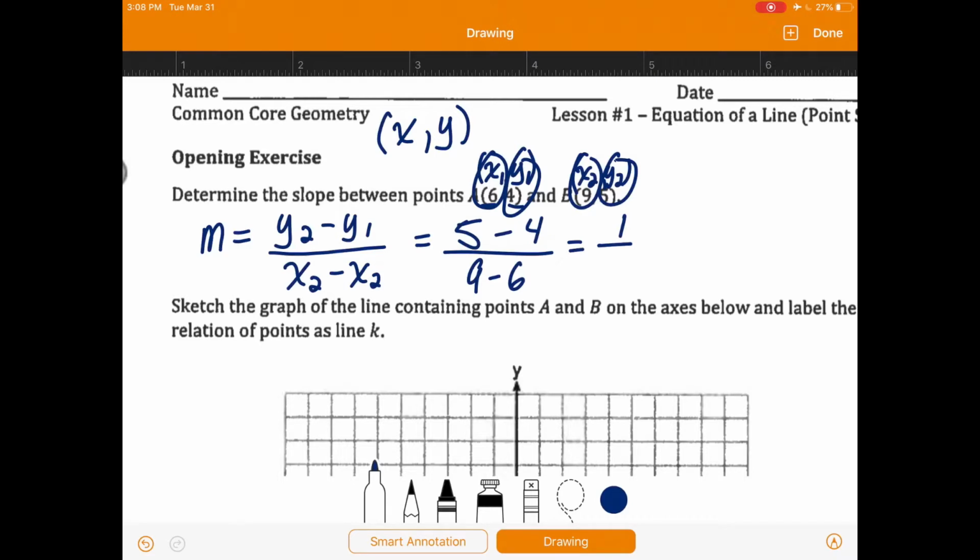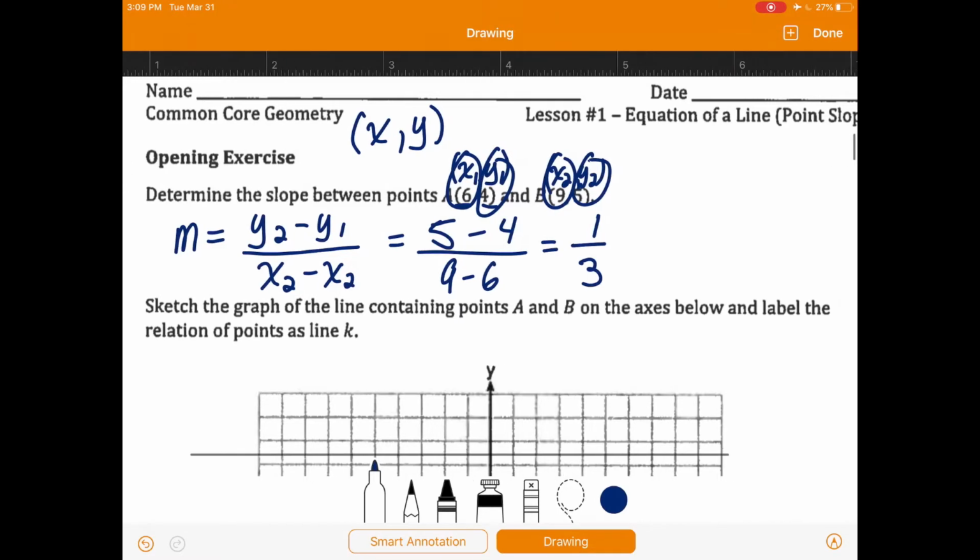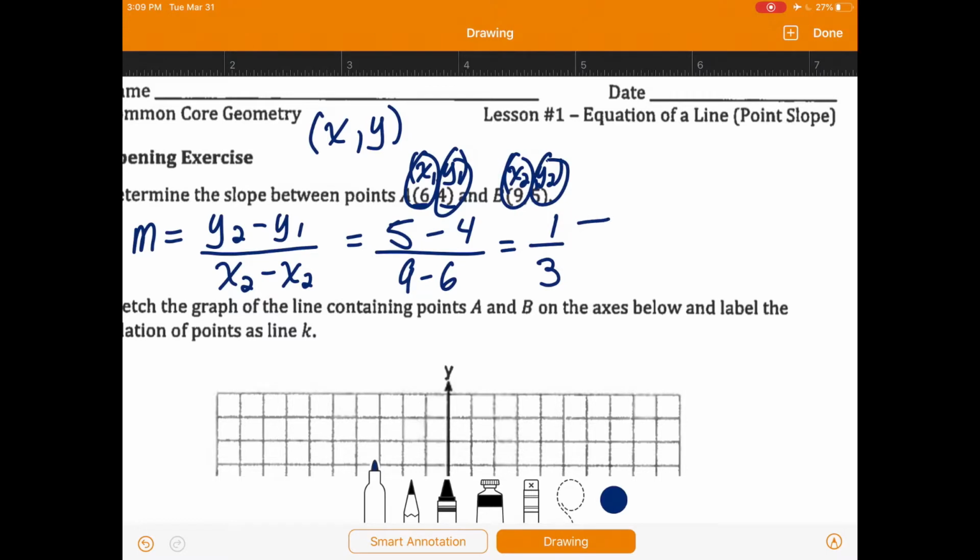Subtract the 2 numbers on the bottom, you get 3. So our slope is 1/3. And slope is also, if you've learned it as rise over run, then the 1 is your rise, and the 3 is the run. So that means you're going up 1 and over 3 on your graph.